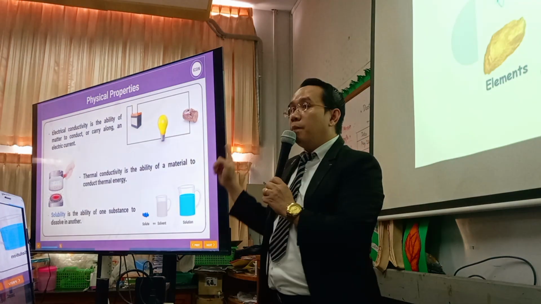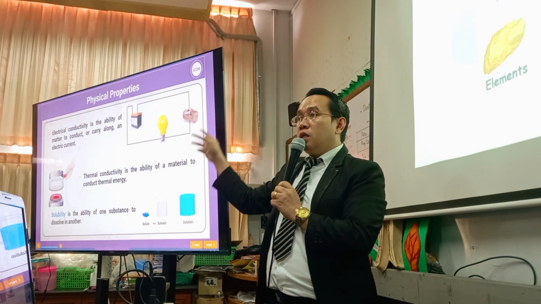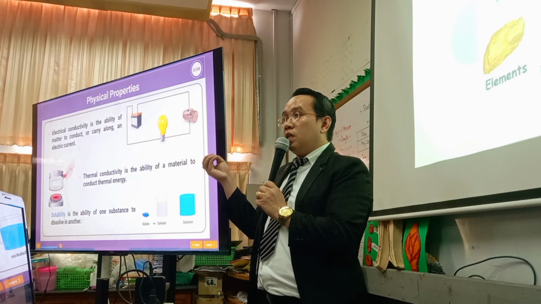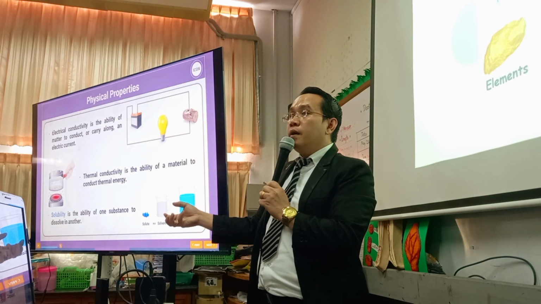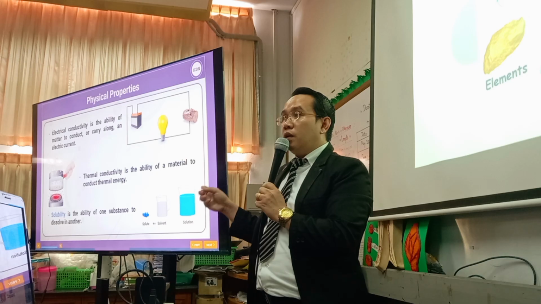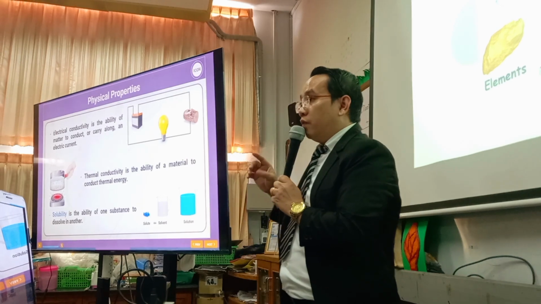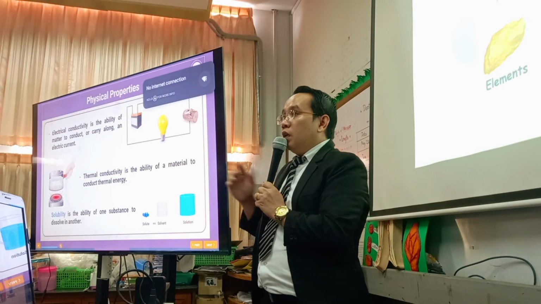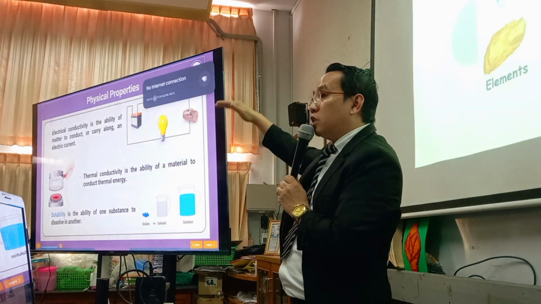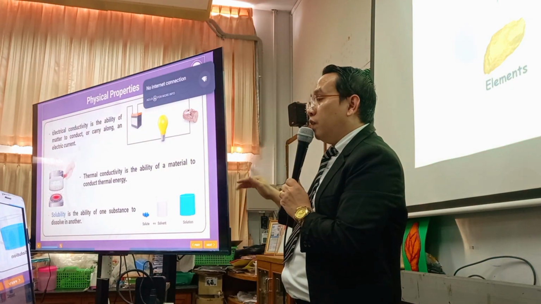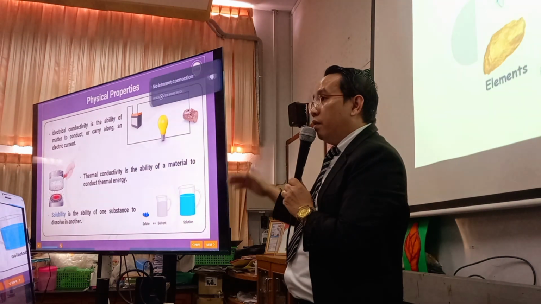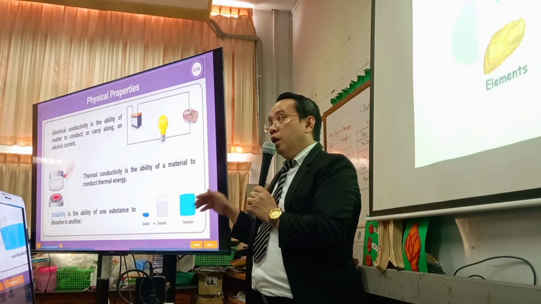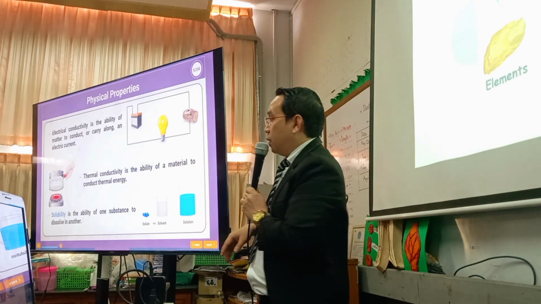A conductor is a property of matter or materials which easily conducts, with high electrical conductivity or conduction of heat. While insulator materials have insulating capacity, with very poor conductivity of heat or very slow flow of electricity.